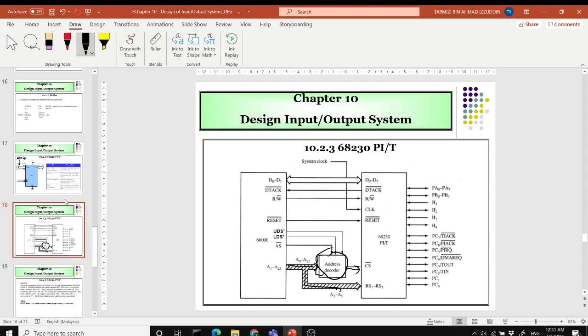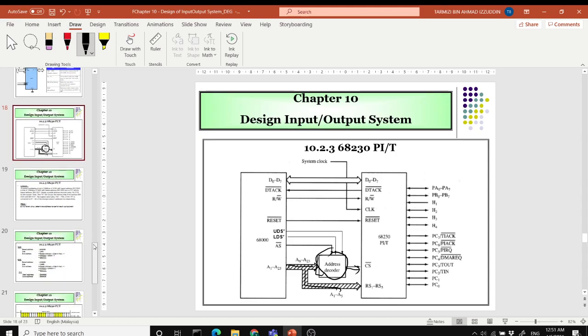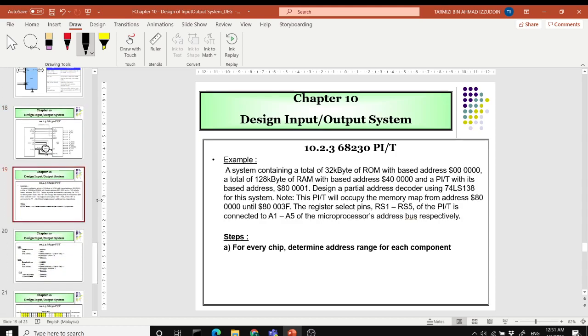So let's look at an example. Question: a system containing a total of 32 kilobytes of ROM with base address 000000, a total of 128 kilobytes of RAM with base address 400000, and a PIT with its base address 800001.